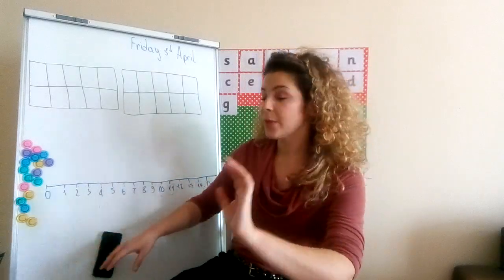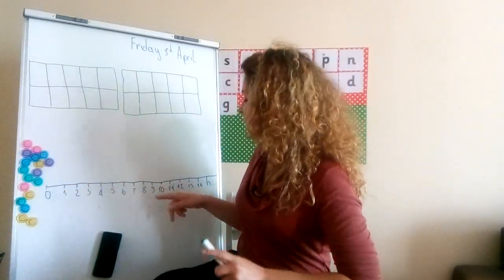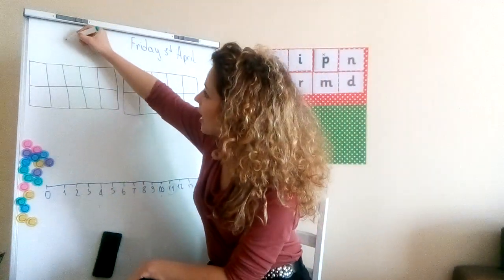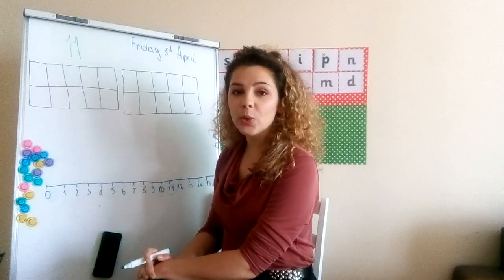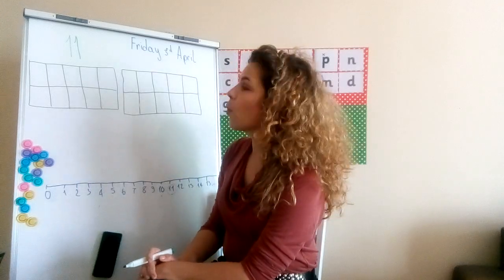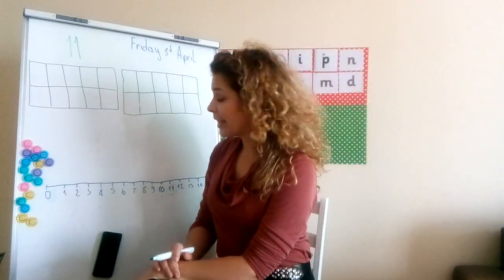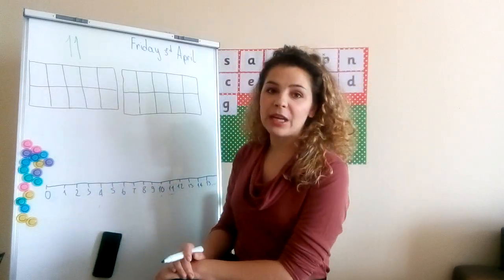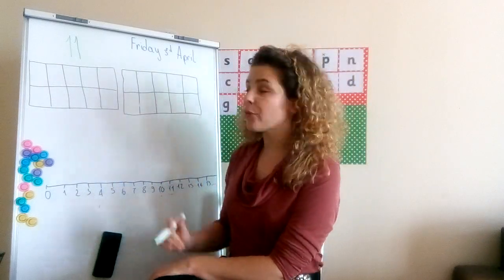Okay, so let's begin. Number 11 is the first number after number 10, and we write it like this. We write it like two digits, 1, okay, 11. So, number 11 is one hop away from 10. So what does that mean? How do we represent it on a 10 frame?